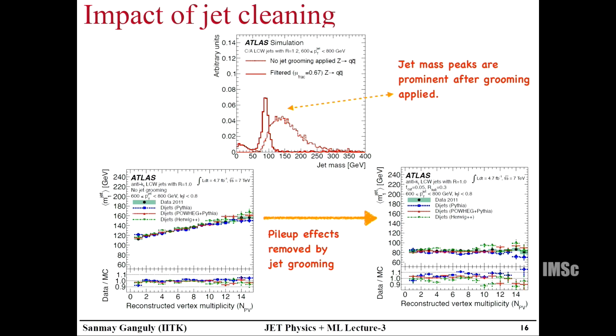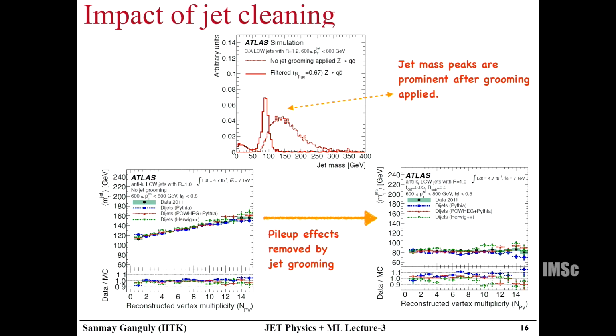So after you apply all these methods, you need to verify that your ultimate goal is met: those chunks which were sitting inside jets, if they were removed, then your jet mass resolution should become better.